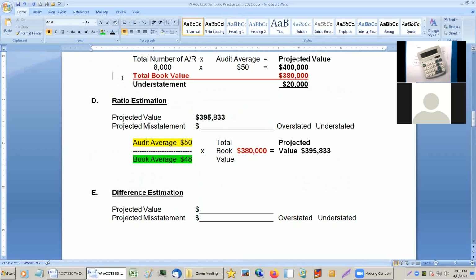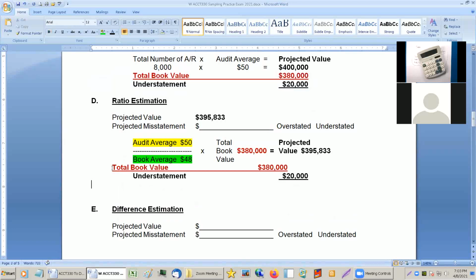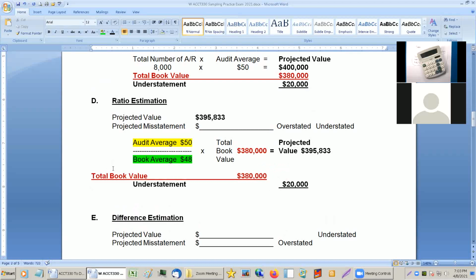And the projected misstatement would be what's that, 19,000? No, 15,833.